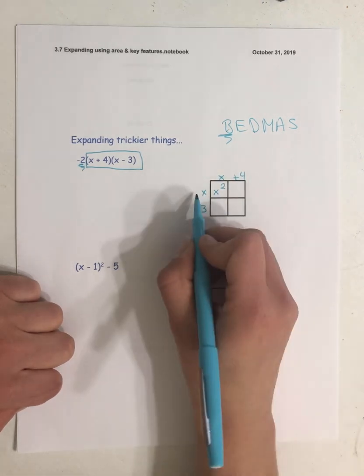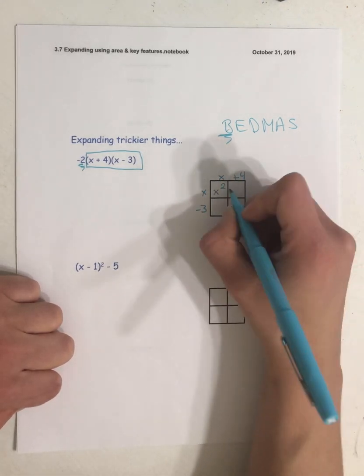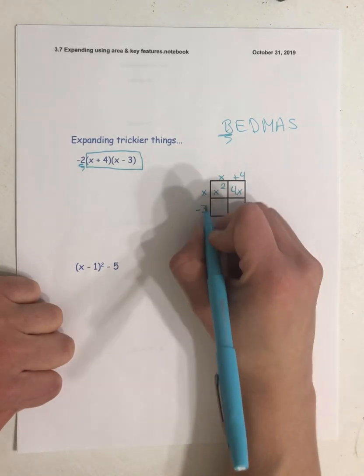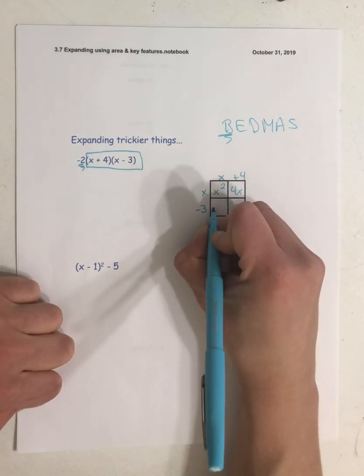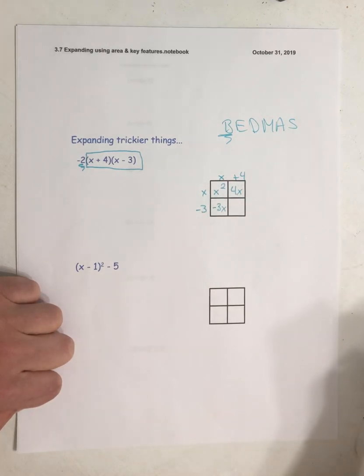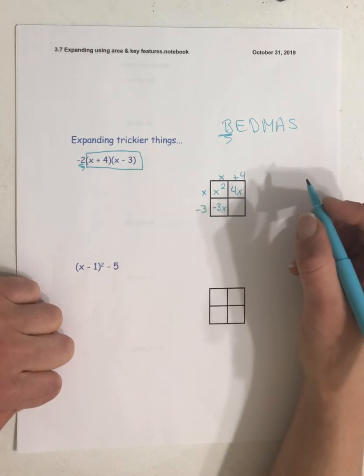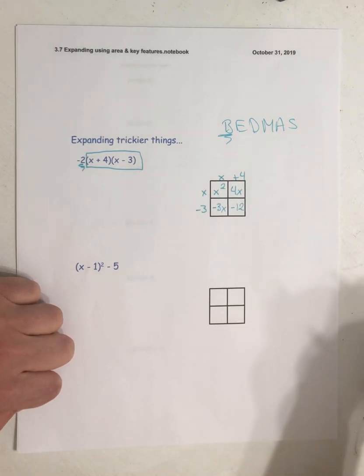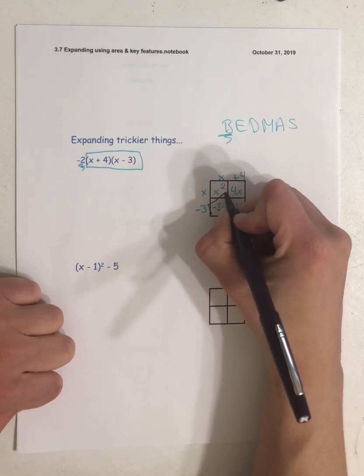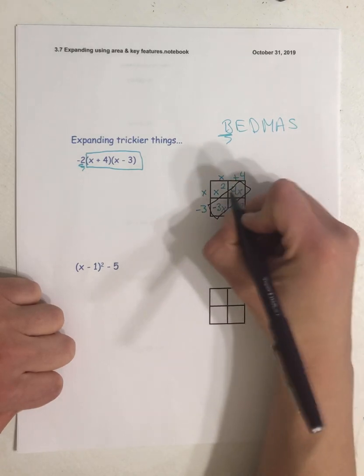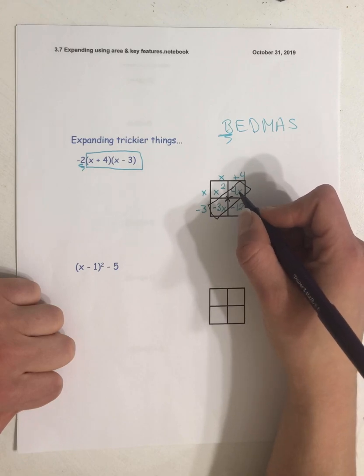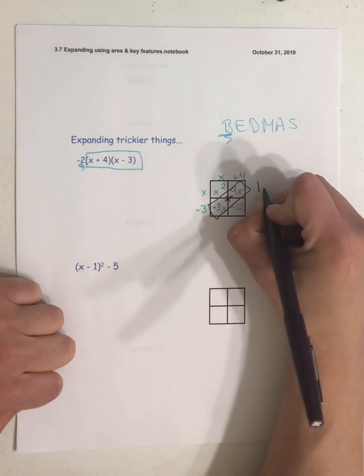So x times x is x squared, x times 4 is 4x, -3 times x is -3x, and -3 times 4 is negative 12. You guys can use your calculator if you need. Then we take these two and add them together. So negative 3x plus 4x gives us 1x.